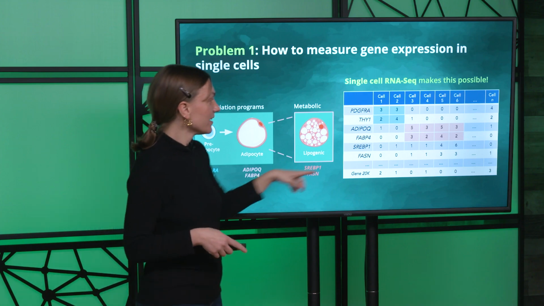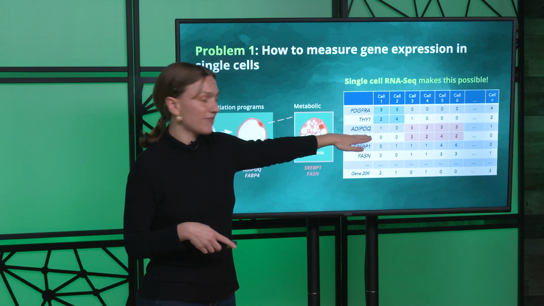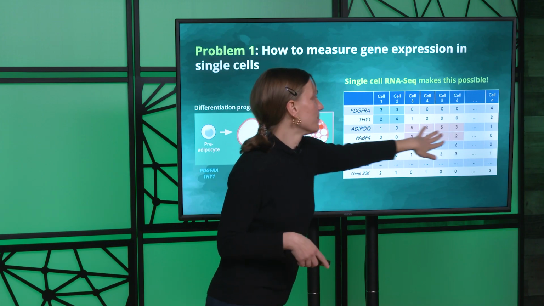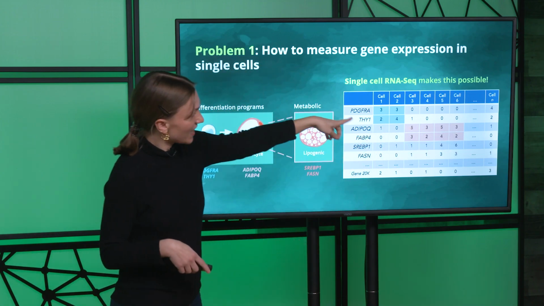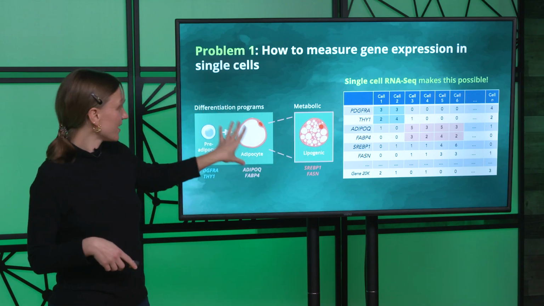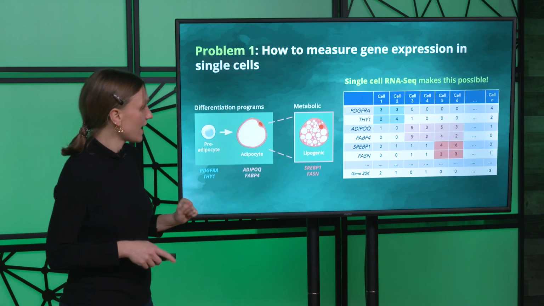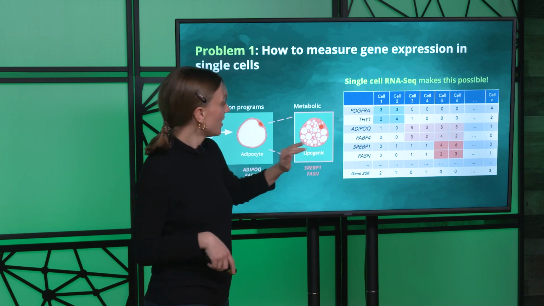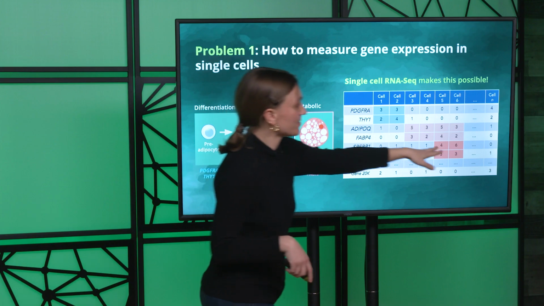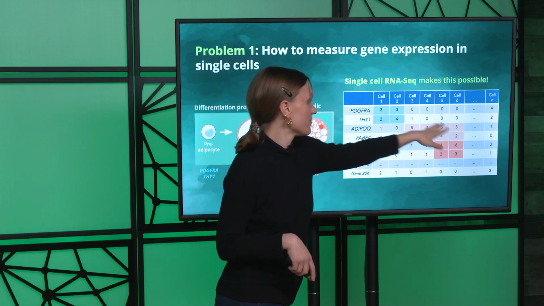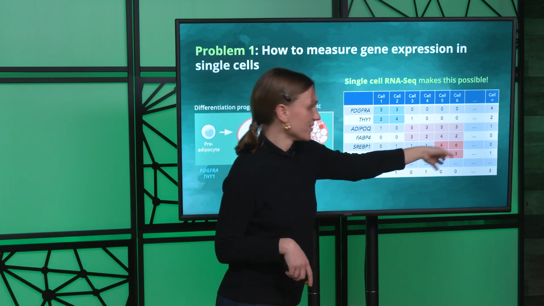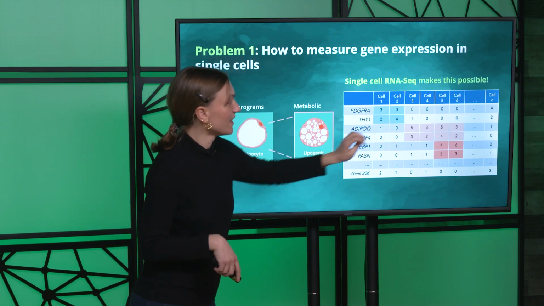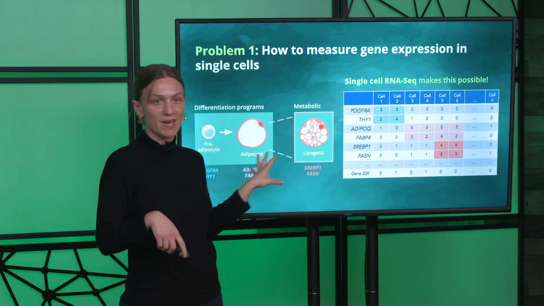We might also see that the genes AdipoQ and FABP4 are switched on in these four subsequent cells, and so we might conclude that cells 3 to 6 are classic adipocytes. Finally, we might see that these two lipogenic markers, SREBP1 and FASN, are specifically switched on in a subset of the adipocytes, in the last two cells, 5 and 6. And so we might say that these are particularly lipogenic cells among the larger adipocyte population.